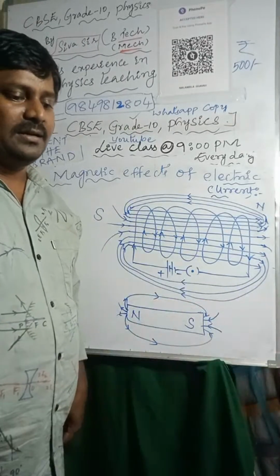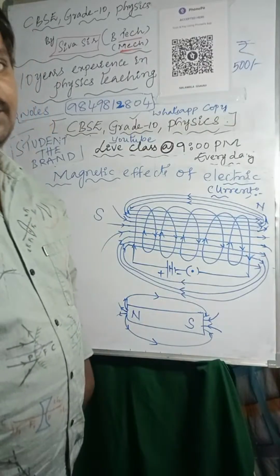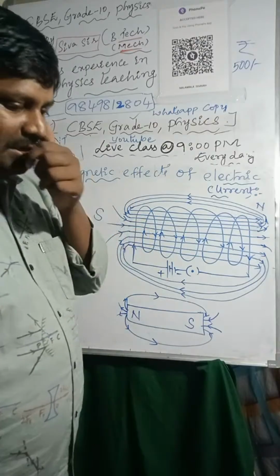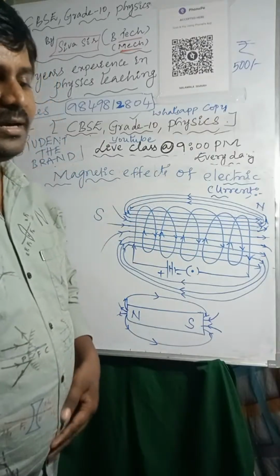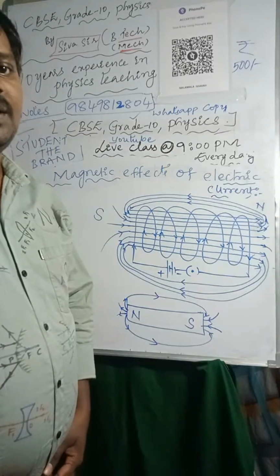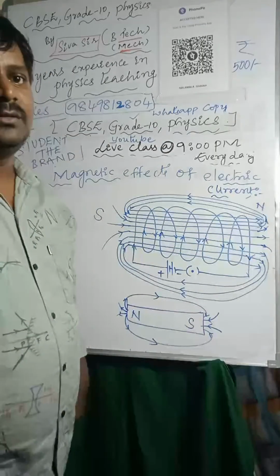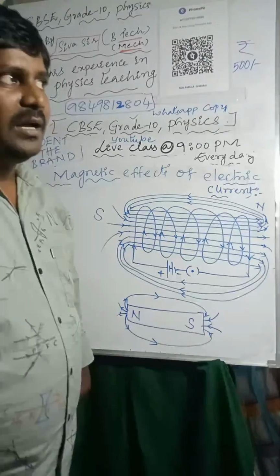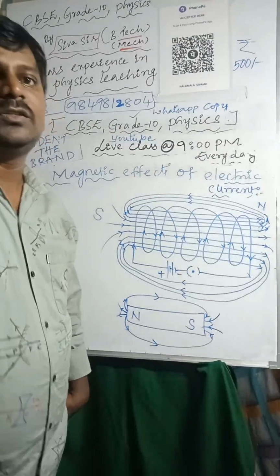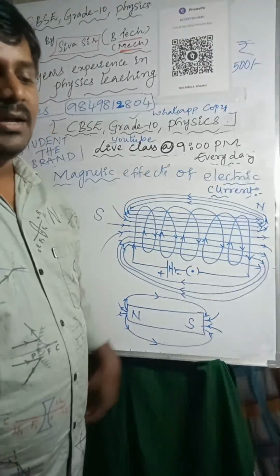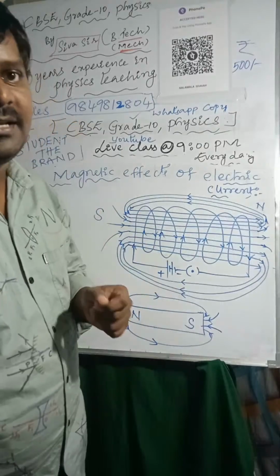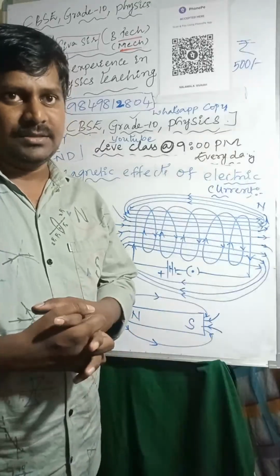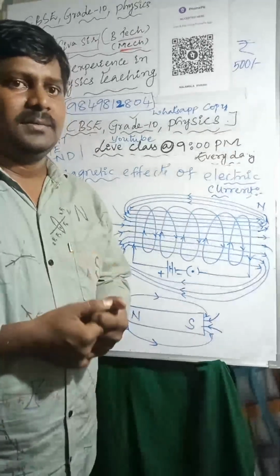The light chapter I'll explain, definitely. Not now, because magnetic effects of electric current is already scheduled. So tomorrow I'll plan, and I'll inform you by the end of the class, either morning or evening. Evening 6 o'clock also I'm taking class, Anhad. If it is possible at that time I will take it.